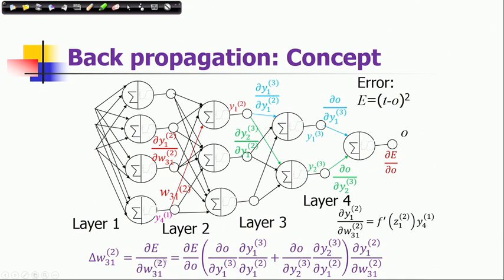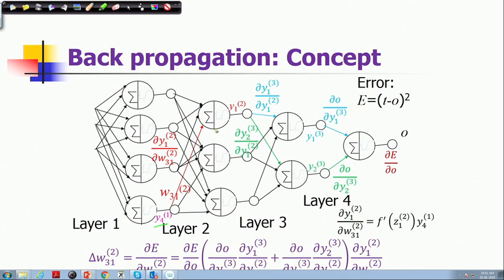So, this is the relationship with respect to this. You note that the computation of delta y12 delta w312 should be f dash z12 and y41. That is the role of this y41 as we have mentioned. So, this is a single neuron, this is the output. So, computation of this y12 should be f dash z12, where z12 is the net input at this point, and this is y41.